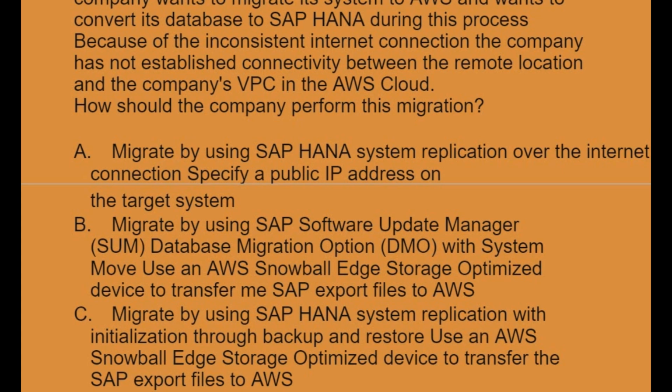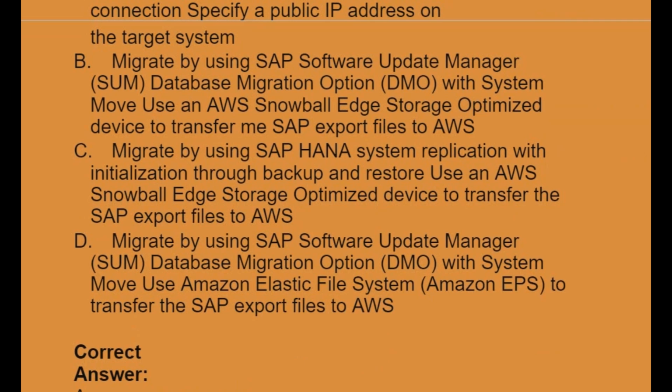Option C, migrate by using SAP HANA system replication with initialization through backup and restore. Use an AWS Snowball Edge Storage Optimized device to transfer the SAP export files to AWS. Option D, migrate by using SAP Software Update Manager SUM database migration option DMO with System Move. Use Amazon Elastic File System Amazon EFS to transfer the SAP export files to AWS.